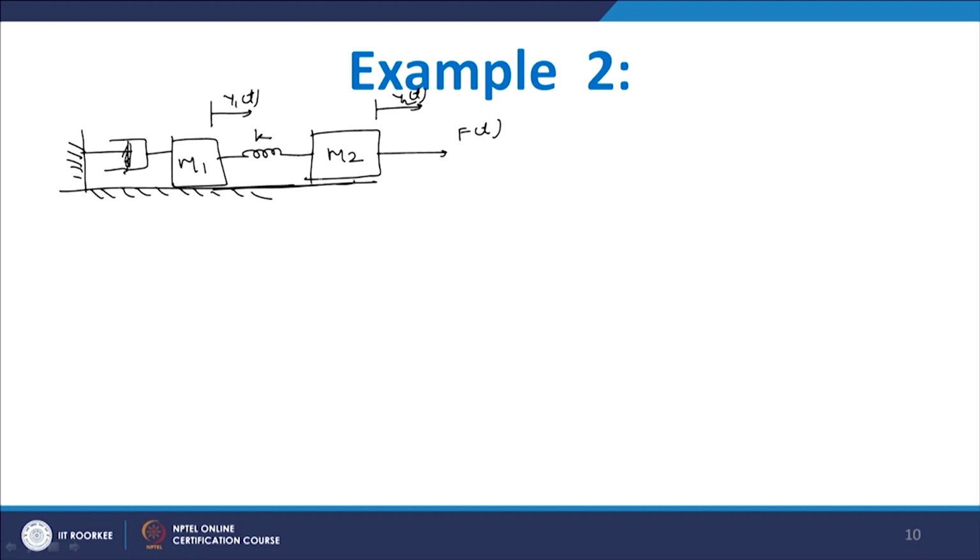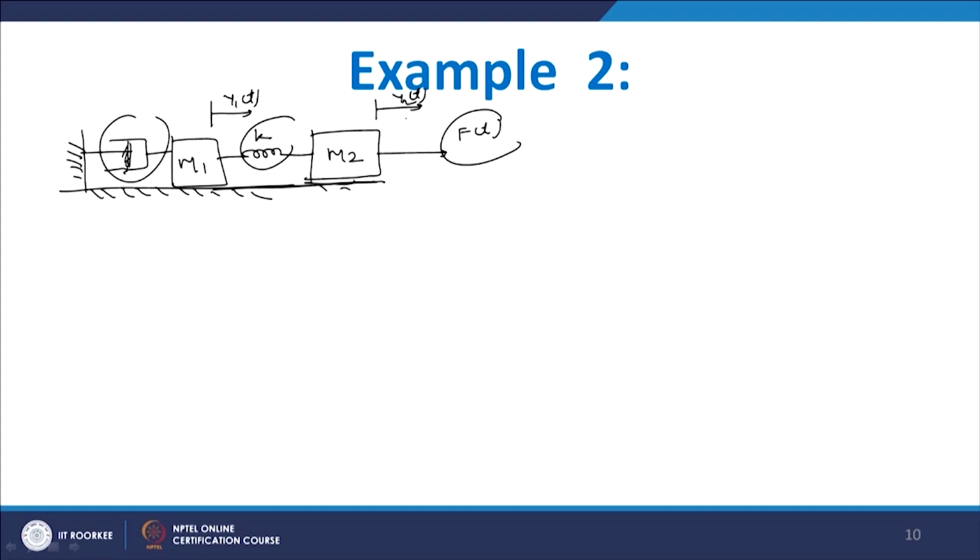Now, we are neglecting the gravity effect and we have to represent it in a state space form. So, here the force applied, f of t, is opposed by this spring as well as this damper, and because of that there are two displacements, y1 of t and y2 of t.